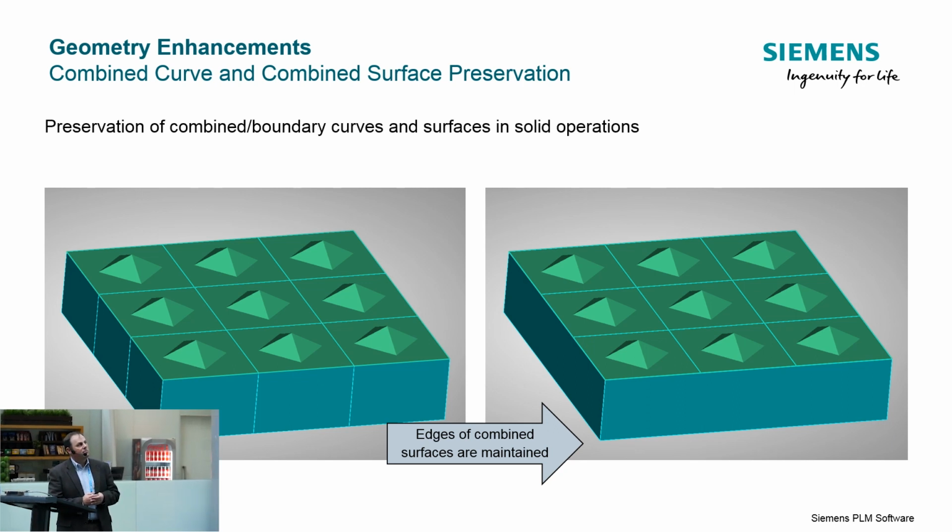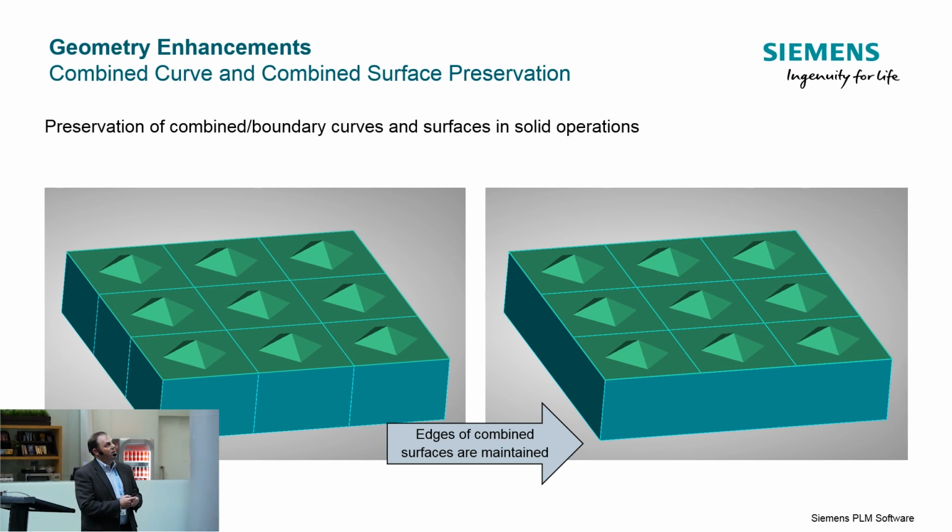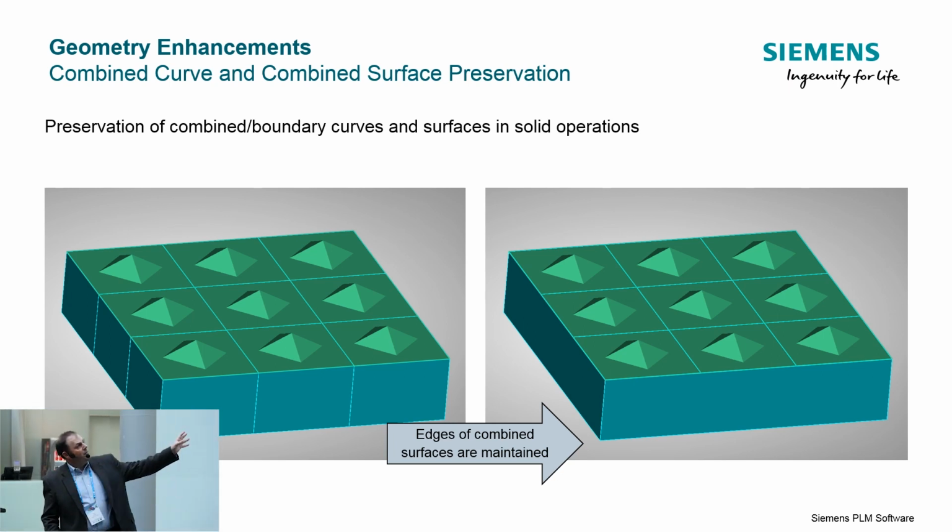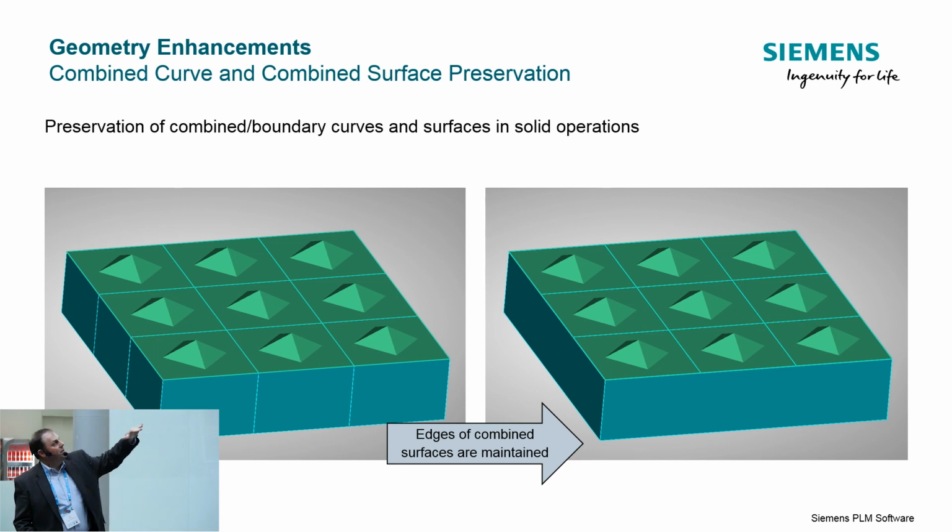So then when we do a Boolean add of all these bodies, you can see that the bottom has all been added together, but the surfaces on the top remain intact.